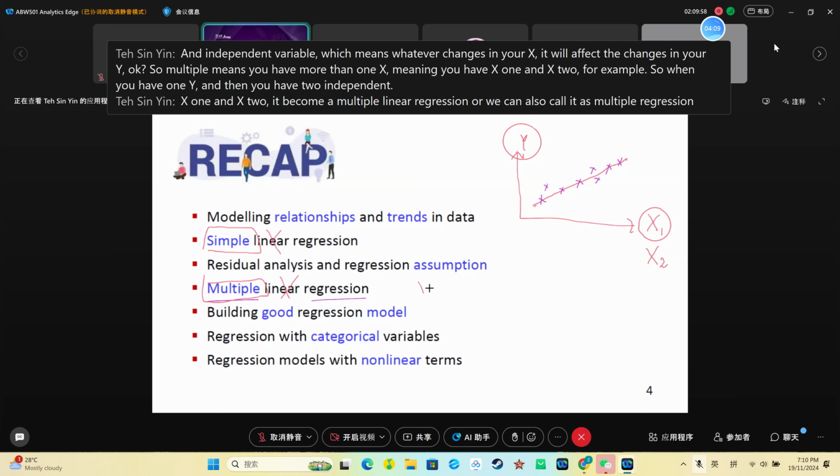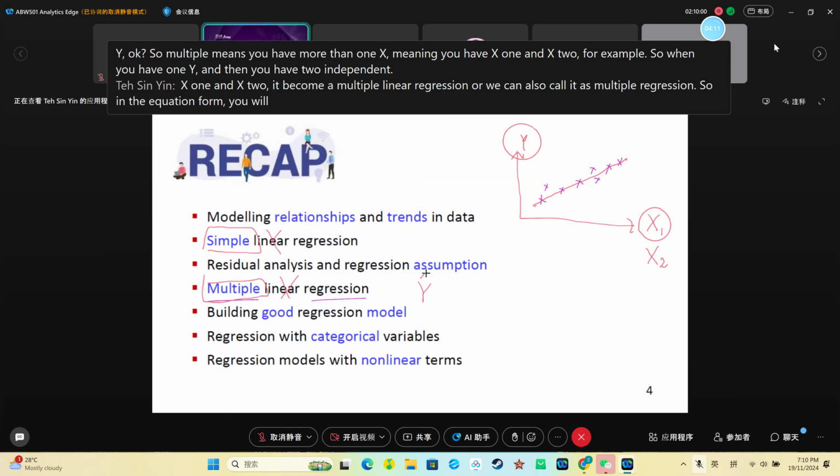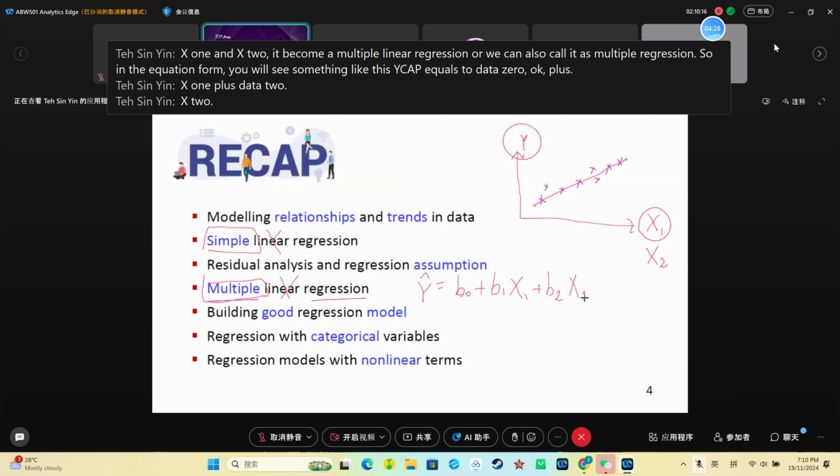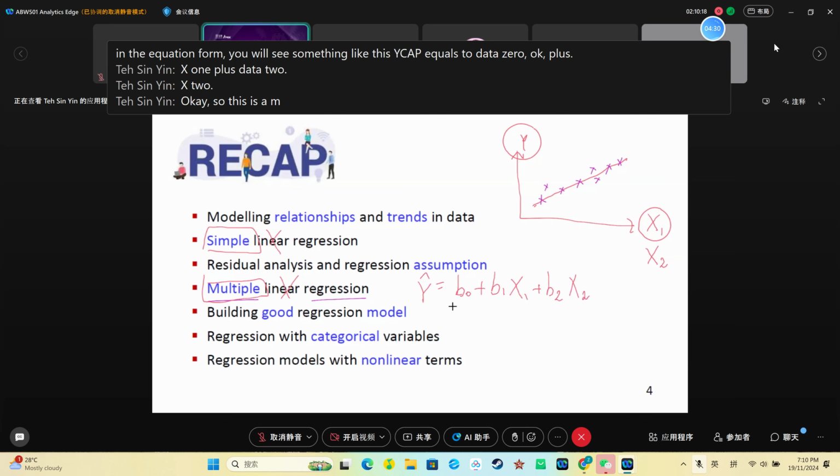So in the equation form, you will see something like this: Y cap equals beta 0 plus beta 1 x1 plus beta 2 x2. So this is a multiple regression.